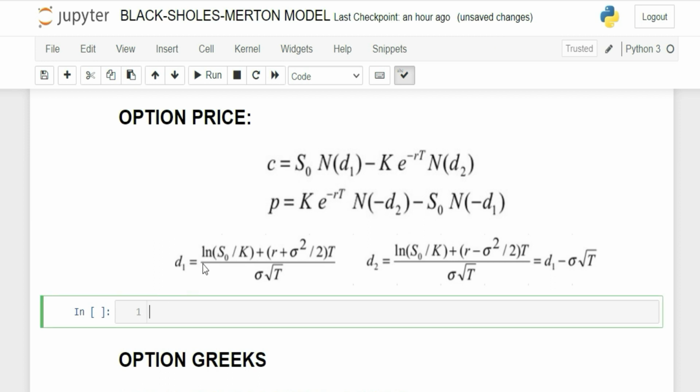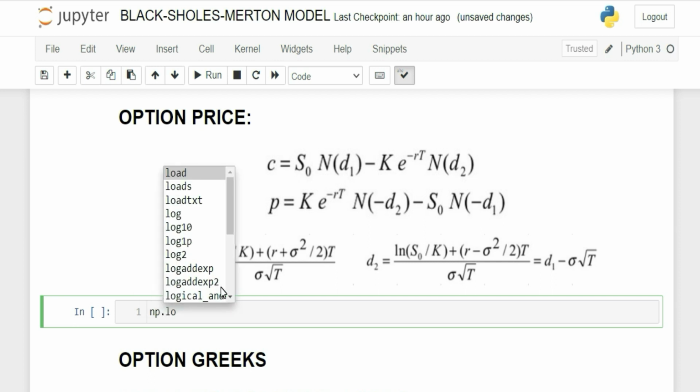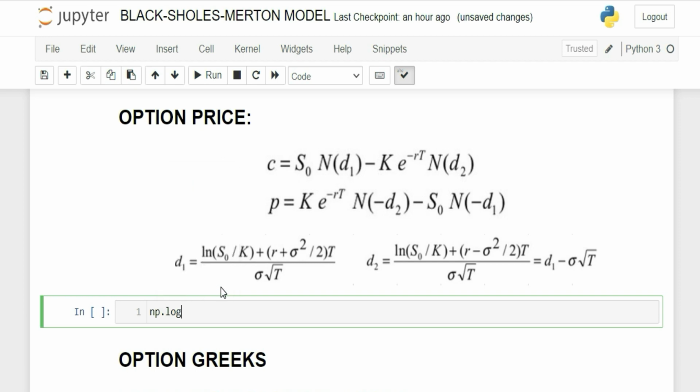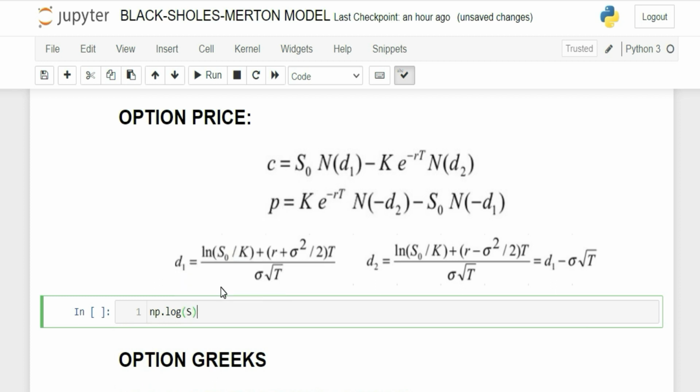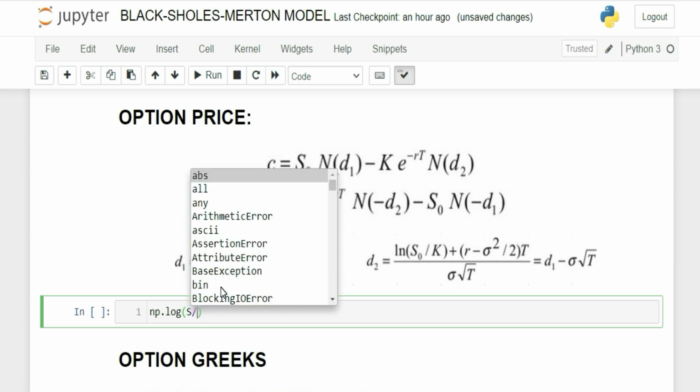Okay, so this is ln(S0 by K) plus (r plus sigma square by 2) into t. So np.log, this is your ln, S0 divided by K. S0 is basically your spot price.